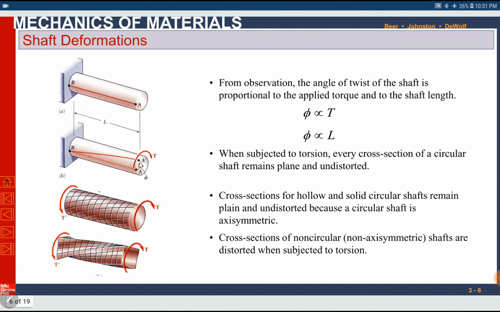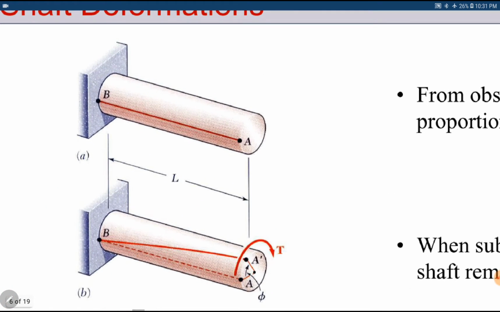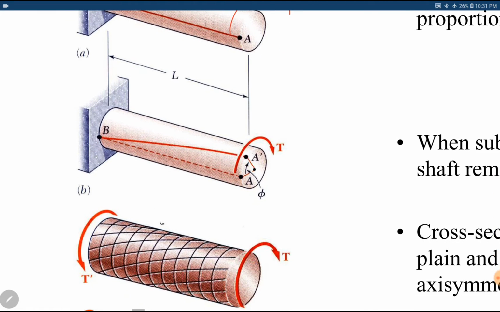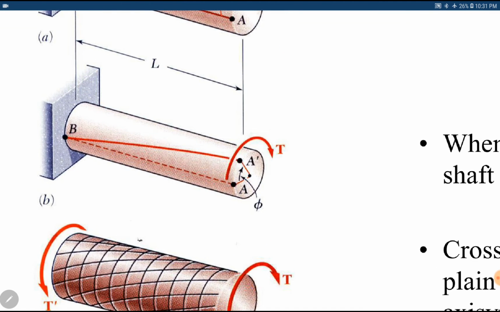Okay. Now, after applying torsional loads, it is understood that the shafts get twisted. For example, if here is a shaft and we have drawn a line AB on its outer surface, after applying a torque at the free end, we can see in the next figure that the initial point A has shifted to point A dash.